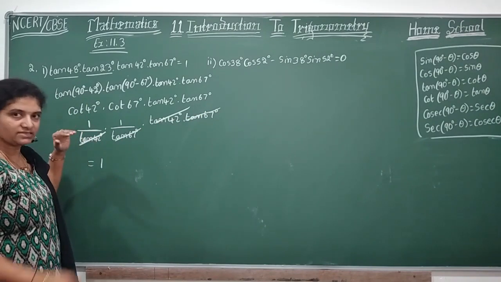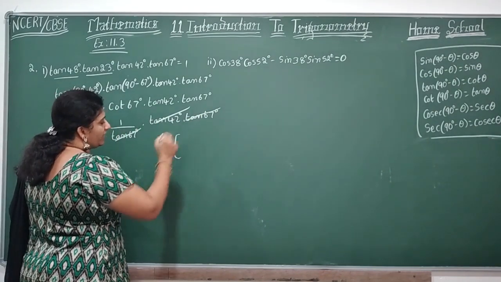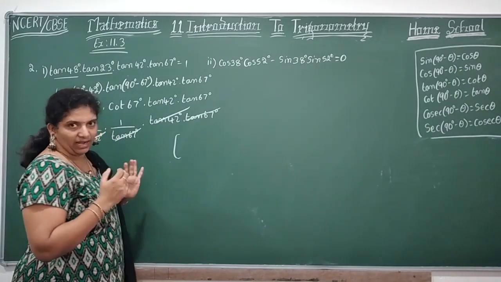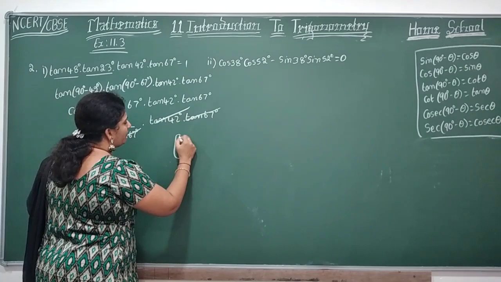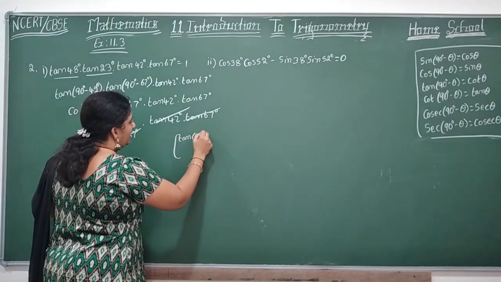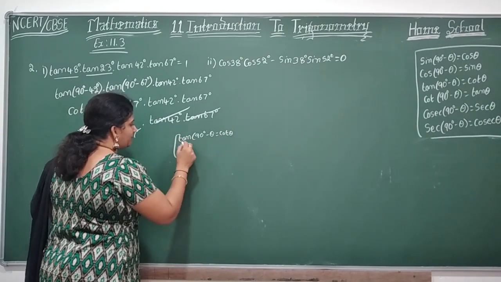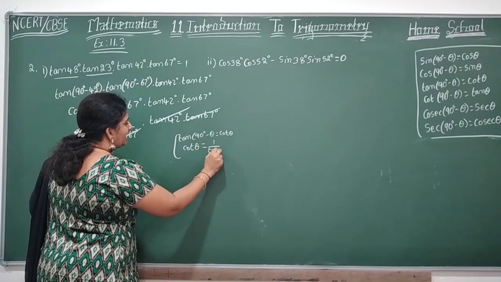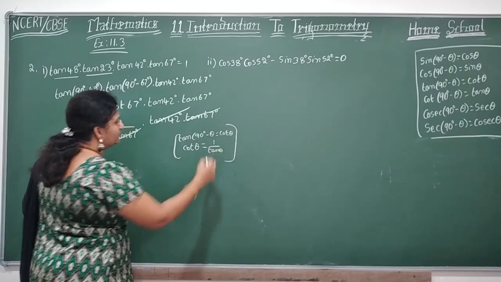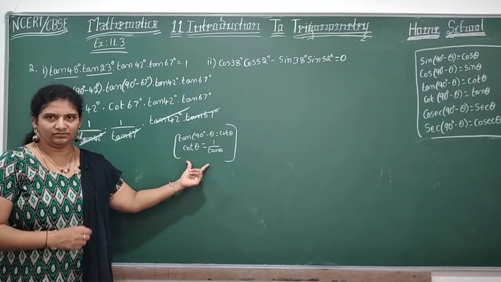If you still need a clearer explanation or clarity when you are writing this problem, what are you going to do? Whatever we have taken here: tan 90 degree minus theta is equal to cot theta. And cot theta is equal to 1 by tan theta. Whatever we have written, you have to write on the side.